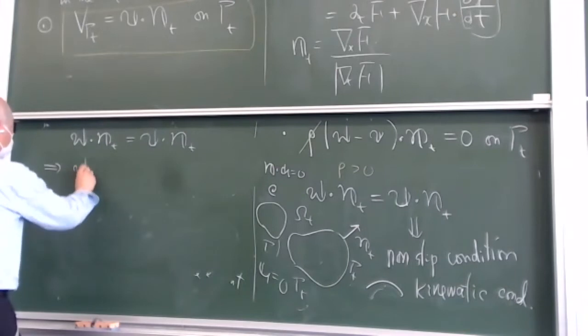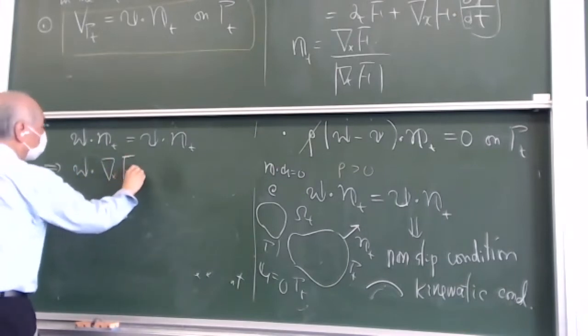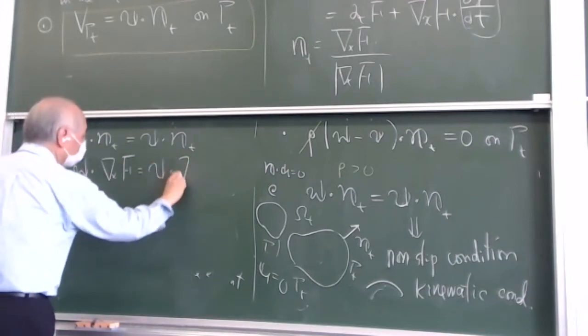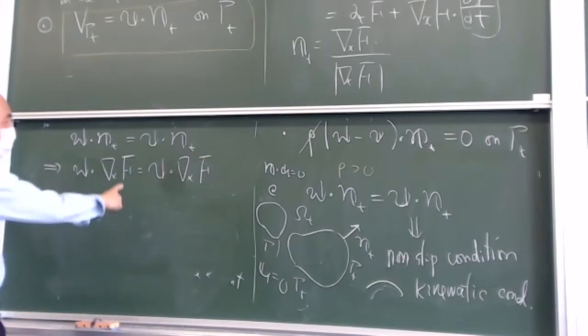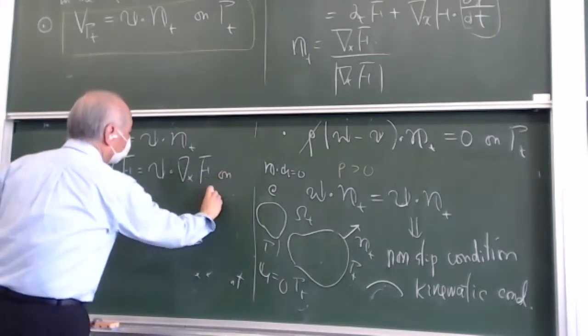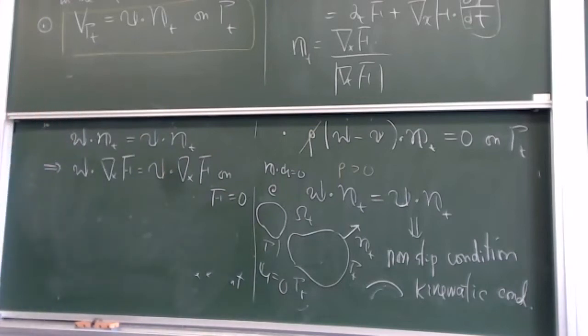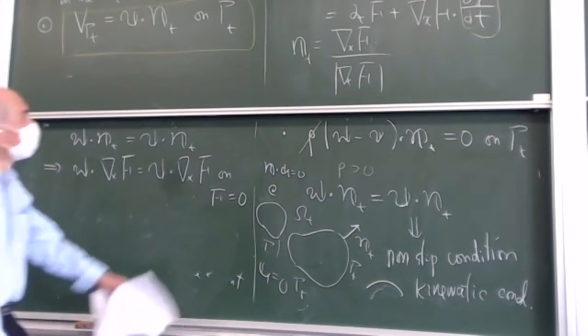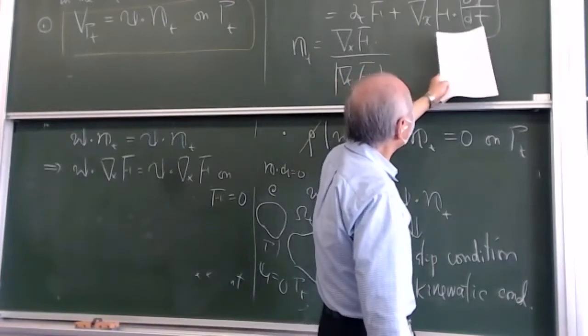So the w, x, you have this formula on f equals 0. So here, instead of w, you can use v.